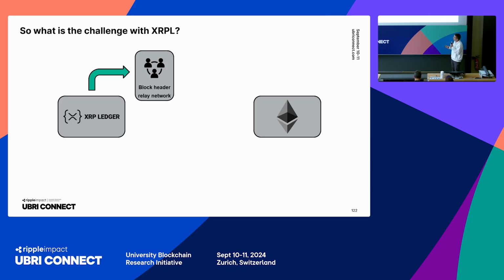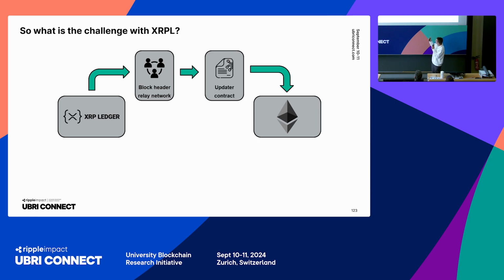Let's try to see what happens when we try to do that with XRP. We have the XRP Ledger, and we have a block header relay network that would generate a proof for the light client verification protocol for XRP. We would send that proof to the updater contract in the EVM sidechain, and it would update the header list.